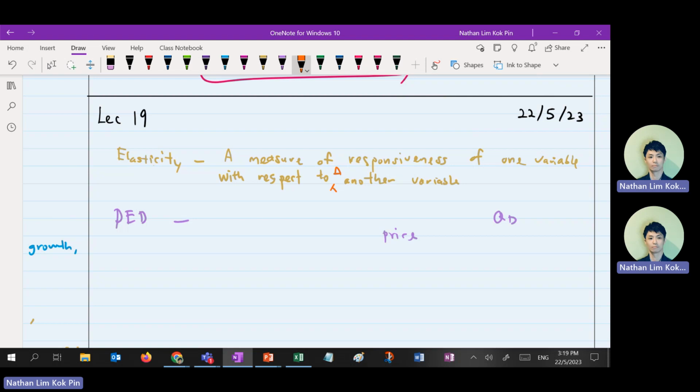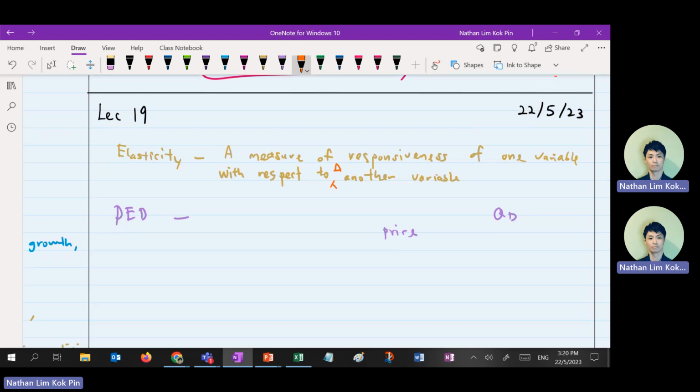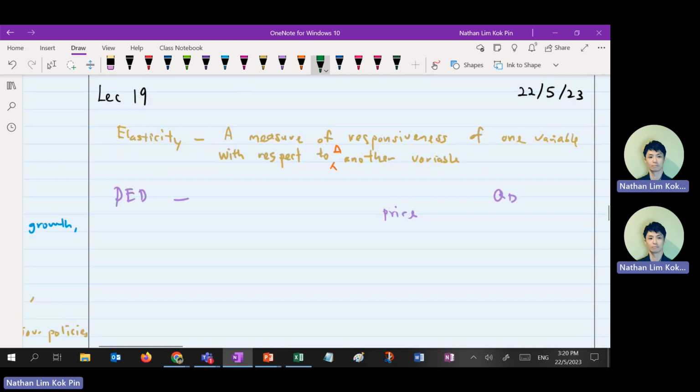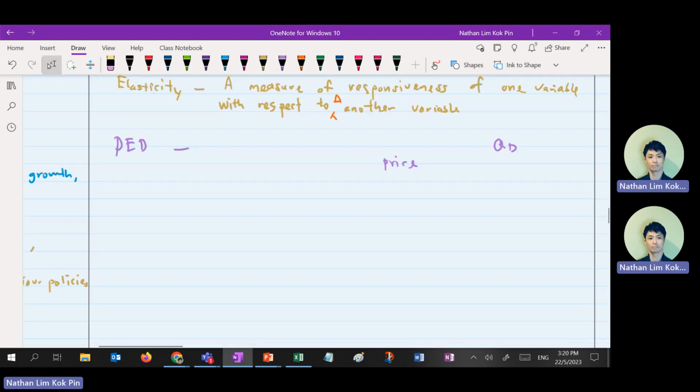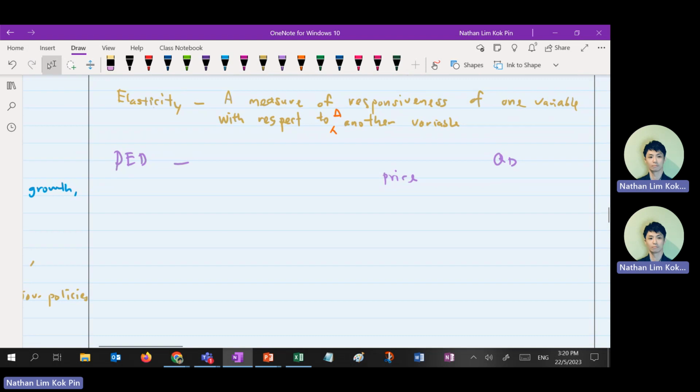However, due to your seniors, we now only have 2 types of elasticity for foundation. Right? Okay. So what we want to measure, responsiveness, we must have the unit to measure. Right? We use what to measure? We use percentage change to measure.